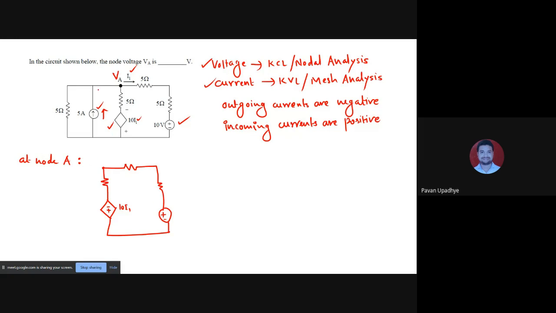Now look at this. Instead of drawing the 5 ampere source in this manner, I would draw it in this fashion so that you understand that this is node A. Here this is node A and this is also node A. So instead of drawing 3 points, I am drawing only 1 point, and then you will understand better.